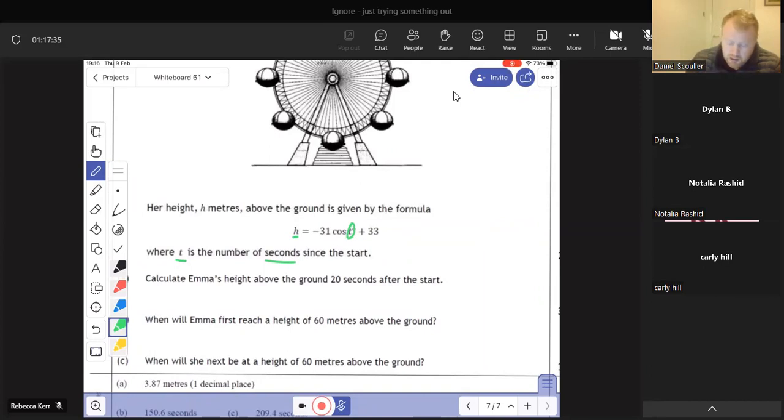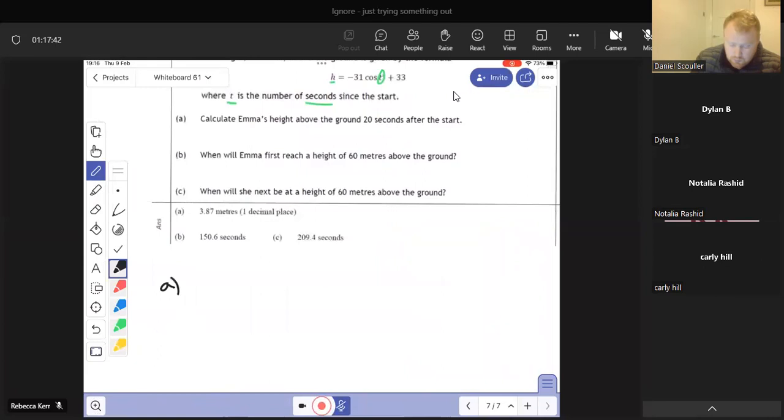So for question 8, for A even, h equals negative 31 cos t plus 33. Question A is asking what happens 20 seconds after the start. What height is she at?